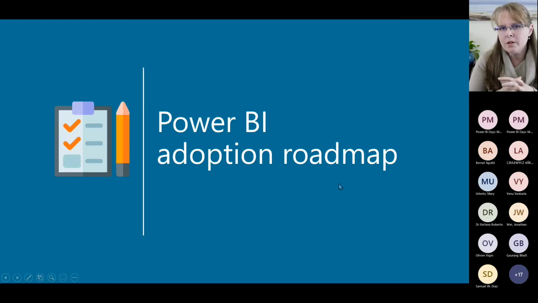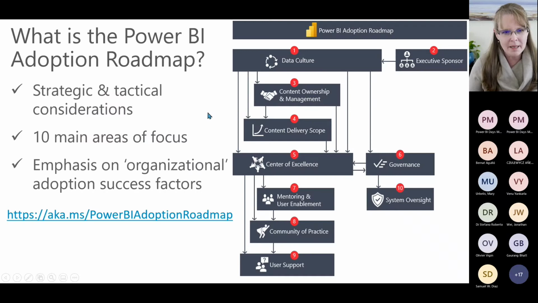Where I actually want to start is the Power BI Adoption Roadmap. And you might say, wait a second, adoption, I thought this was a governance session. Well, let me explain what I mean. The Adoption Roadmap is a series of articles that we wrote, and it's basically this set of considerations that lead to a successful Power BI adoption.